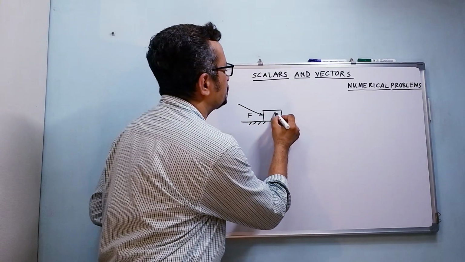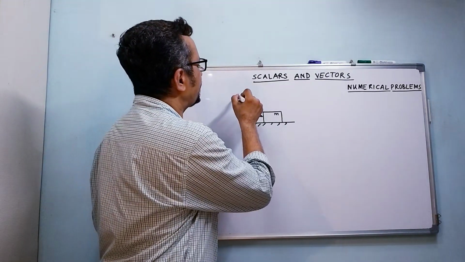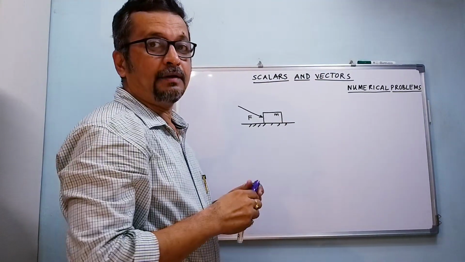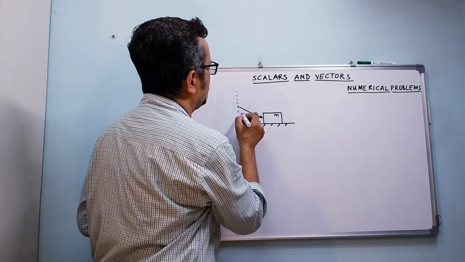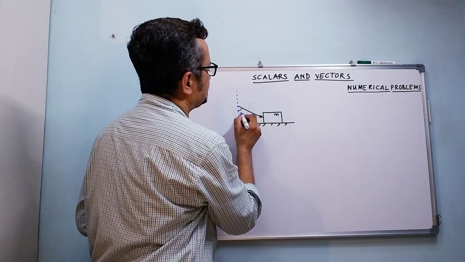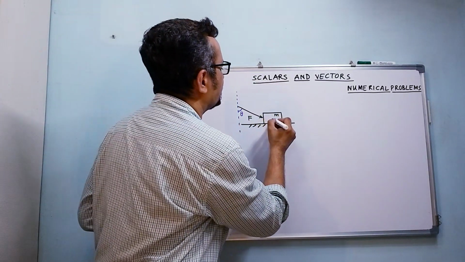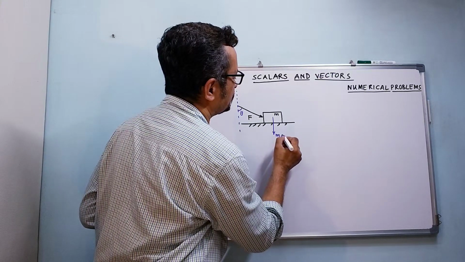Now it looks similar to what we did in the earlier one, but here I am going to have my angle with the vertical. Now this angle is given. I am calling this angle theta. Again, my weight is acting vertically downwards here.